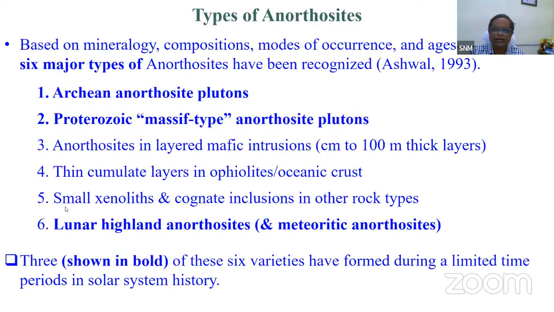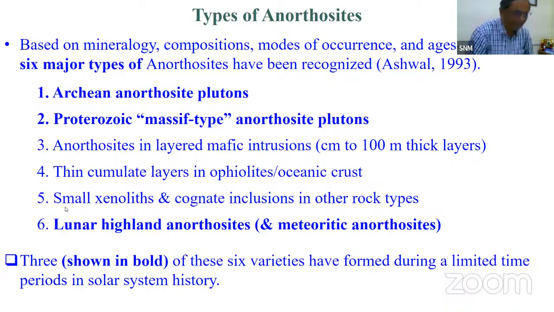Now coming to the types of anorthosites, we can divide them into terrestrial anorthosites and planetary anorthosites. The terrestrial anorthosites can be Archean anorthosites, Proterozoic massive type anorthosites, anorthosites associated with layered mafic intrusions, thin cumulates that may occur in ophiolites, and small xenoliths.